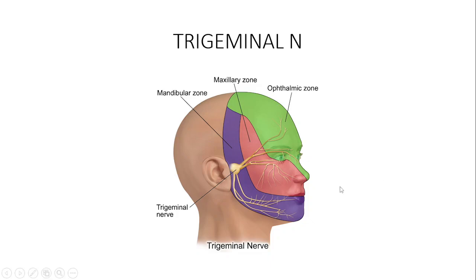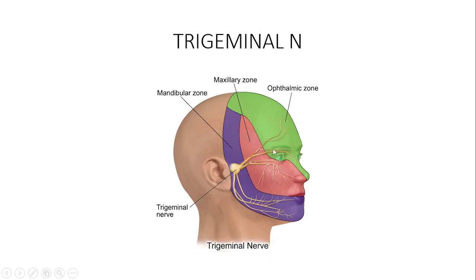And of course, the last but not the least branch of the ophthalmic division is the lacrimal branch. The lacrimal branch supplies the lacrimal gland, making it get what? Sensation. Okay? Sensory. It supplies the lacrimal gland with sensory nerves.